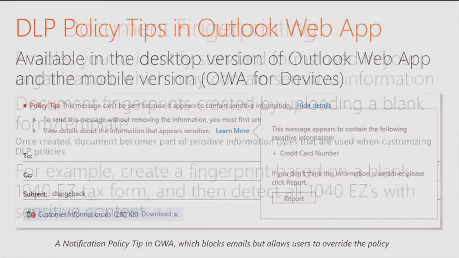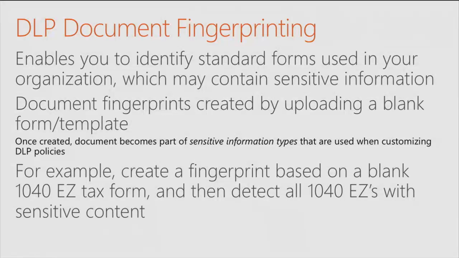Document fingerprinting is another fantastic feature. It makes things a lot easier for those of you who are trying to control those sensitive information types in your organization. Basically, what you can do is you import document types. It can be a PDF, it can be a Word document, it could be any Office file format, and that now becomes a sensitive information type that you could choose and build DLP policies based on.